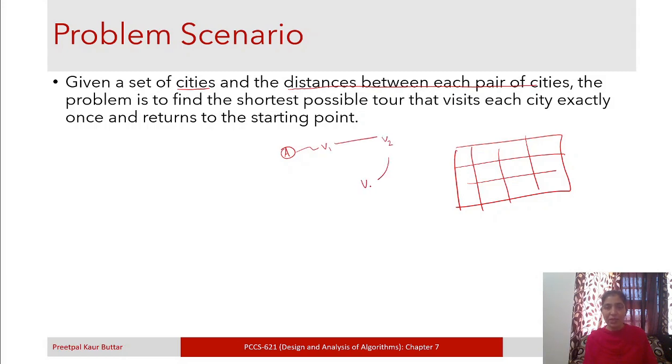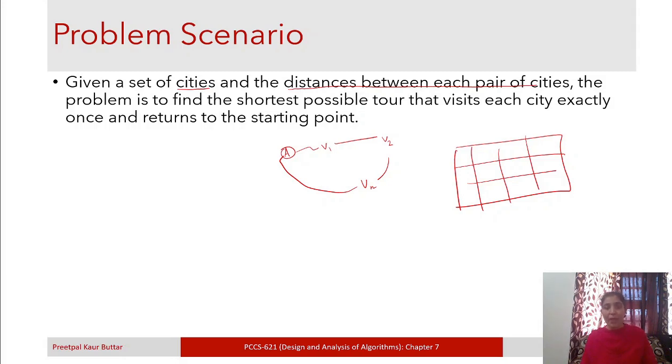Suppose there are n cities, and again you have to return back to city A, and the condition is that each city should be visited exactly once. This condition is similar to the Hamiltonian cycles. In the Hamiltonian cycles we visited each vertex exactly once, and we returned back to the starting point.